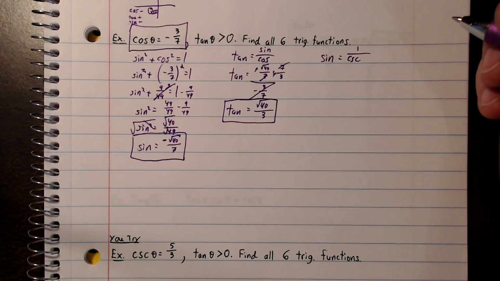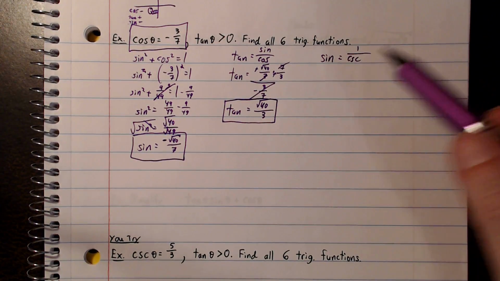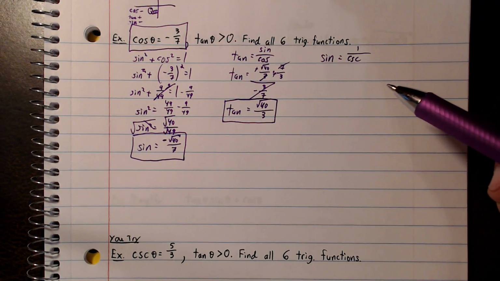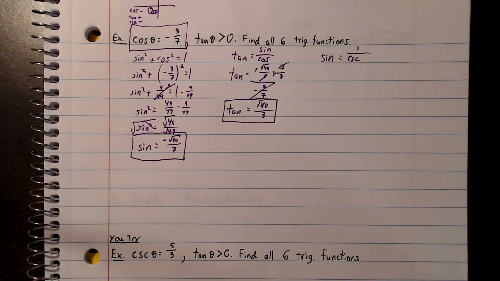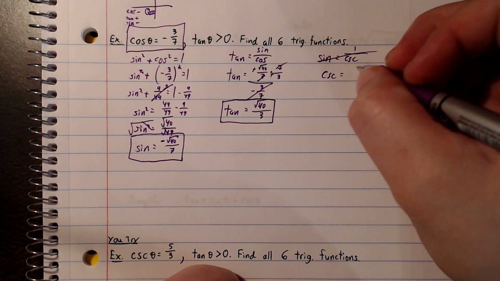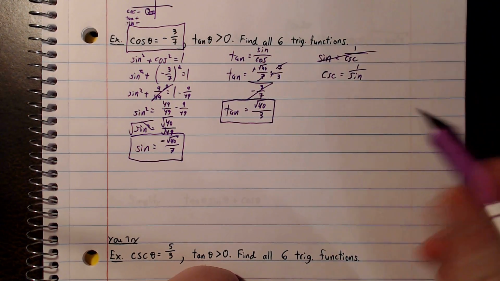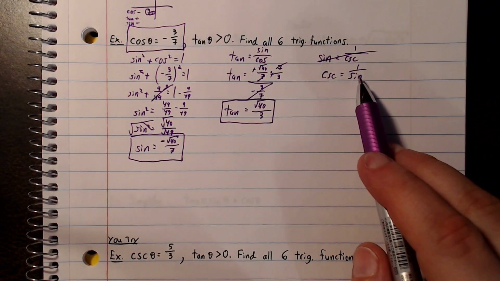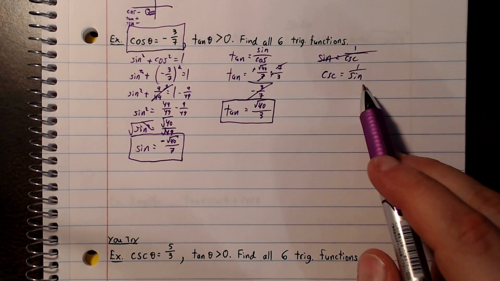Those are the reciprocals. Sorry, that was kind of confusing the way that I'm saying this, but cosecant is 1 over sine.